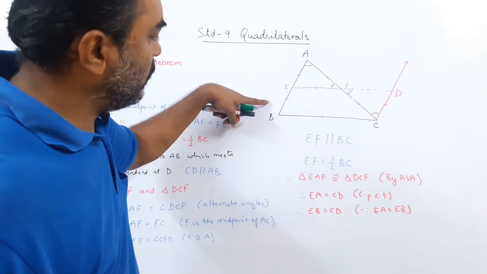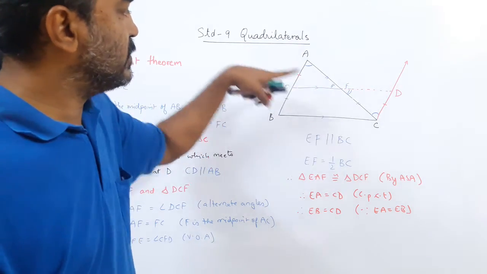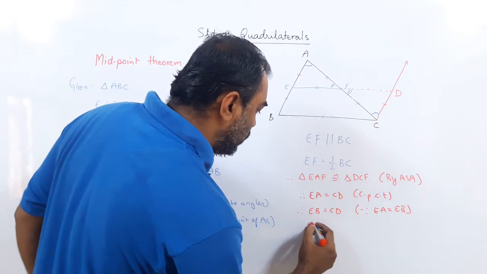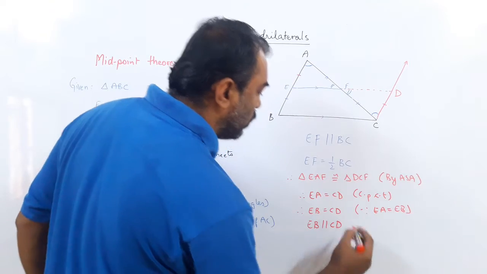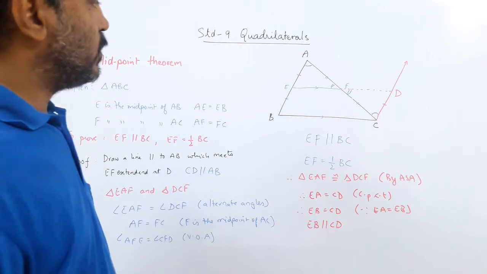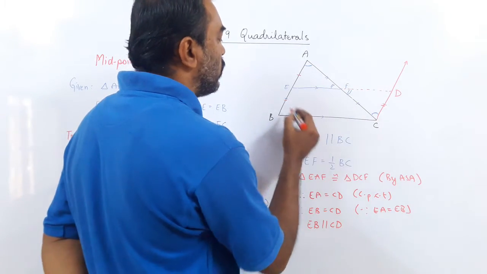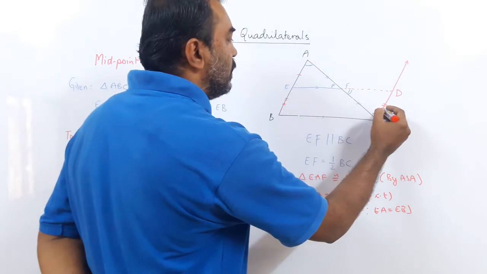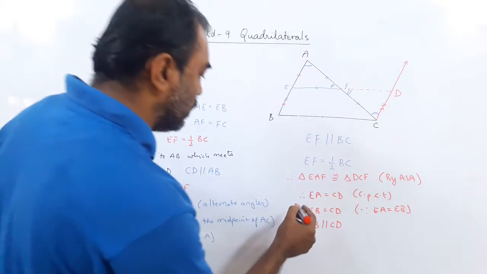Now you can see AB, or you can call it BE. So BE is parallel to CD because AB is parallel to the same line. So EB is parallel to CD. Now what can you recall from this? Here you can see EB is equal to CD, and EB is parallel to CD. Look at both these things.